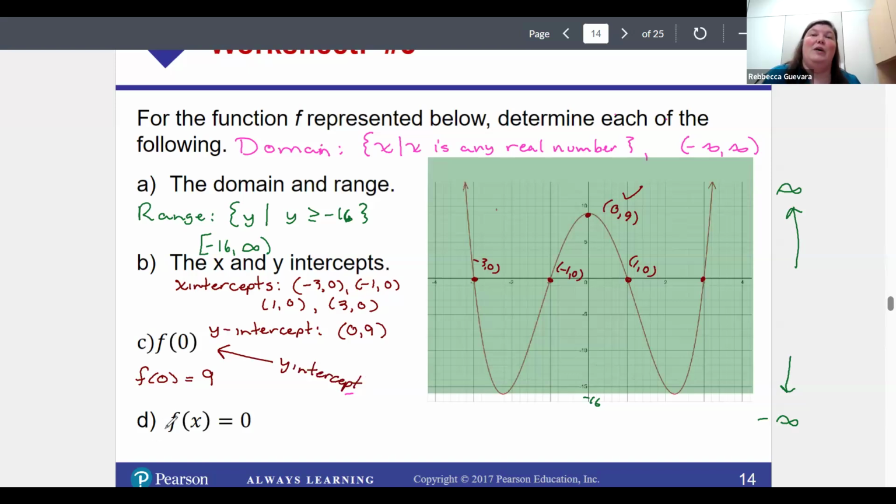If I ask you for x when y is 0, we have all those too. These are all the places that y was 0. We were asking for x-intercepts. So that happens at negative 3, negative 1, 1, and 3. Those are all my possible values for x that are going to result in a y output of 0.